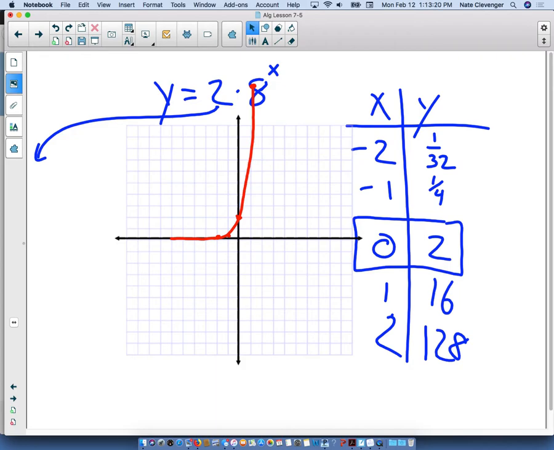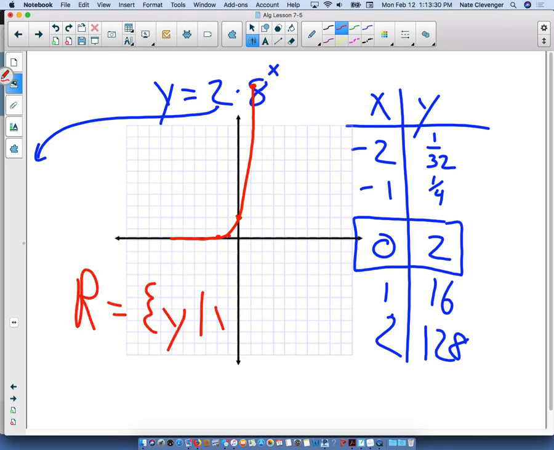No matter what values we plug in though, our range is only going to be y, where y is greater than 0. That's your answer for range. Domain would be any number. And y-intercept 2.